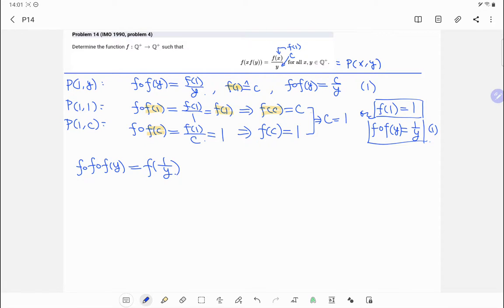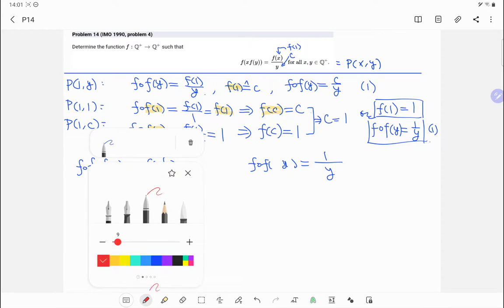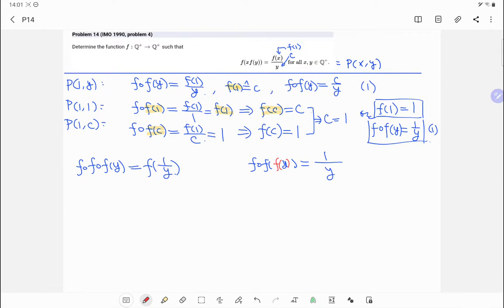We write it again, f(f(y)) equals 1 over f(y), obtained by substituting y by f(y) in equation 1. We see that we have f(f(y)) on the left hand side for both equations, which means they're equal to each other. So f(1 over y) equals 1 over f(y).